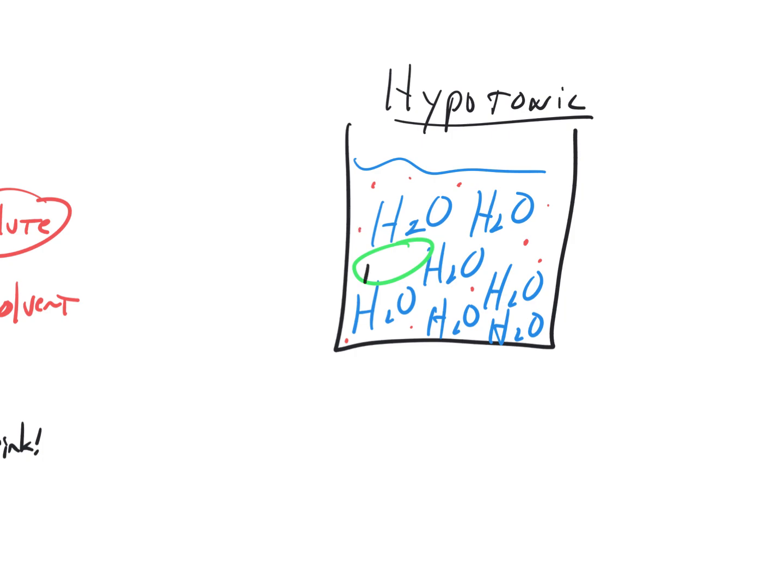Don't forget now, our cell is isotonic. So the cell has some water, some solute, right? But outside of it is this huge amount of water, huge amount of solvent. So what's going to happen in this case, the cell is actually somewhat, let's say, salty compared to the solution. The solution is mostly water.